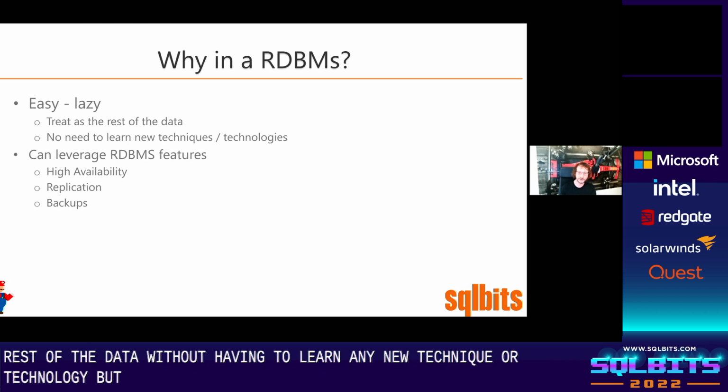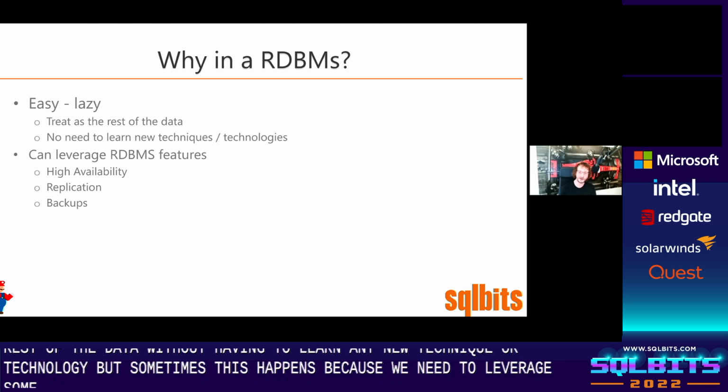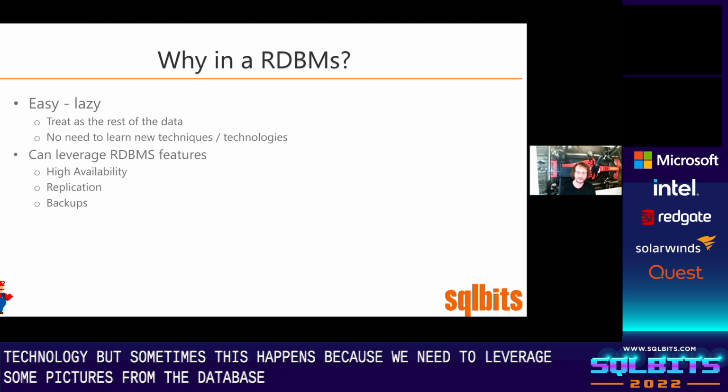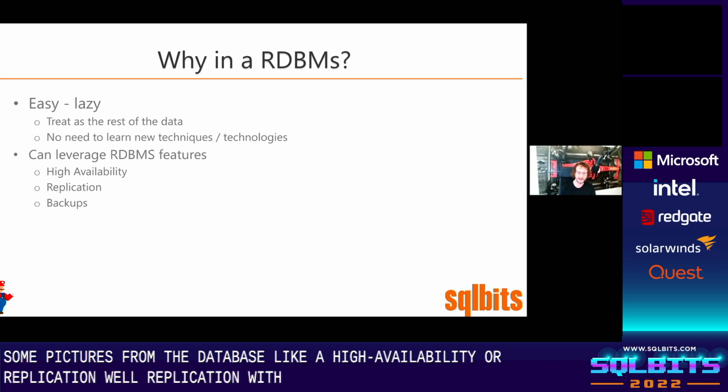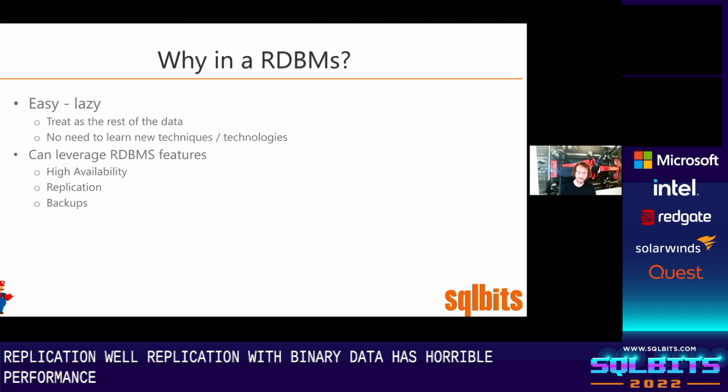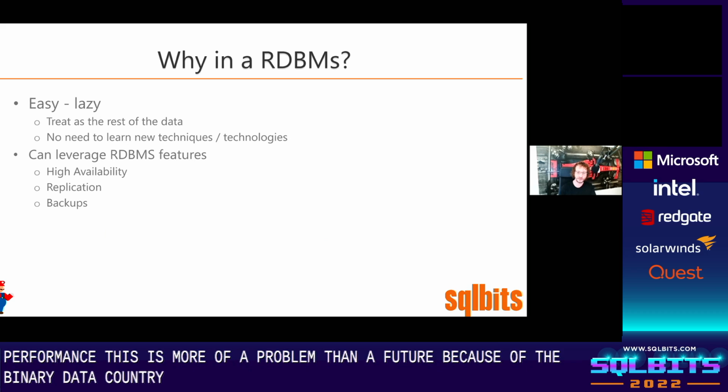But sometimes this happens because we need to leverage some features from the database, like high availability or replication. Well, replication with binary data has horrible performance. Or backups. This is more a problem than a feature, because the binary data contributes to the backup size.